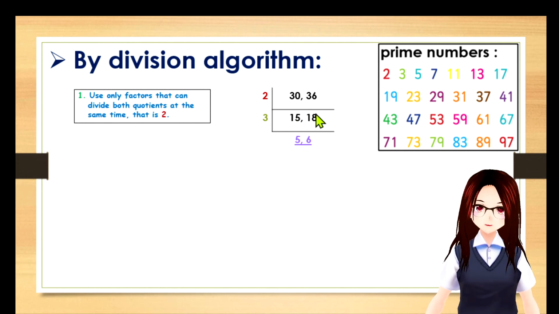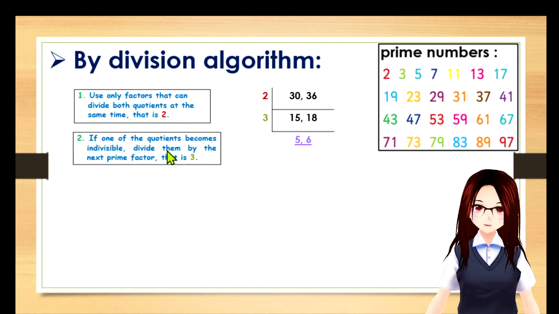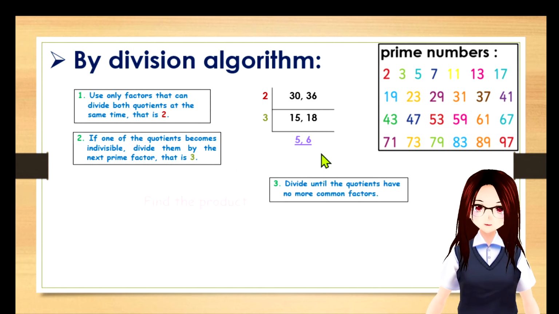Okay, so these ones cannot be divided by 2 anymore. So we divide them by the next prime factor, that is 3. So 15 divided by 3 equals 5, and 18 divided by 3 equals 6.